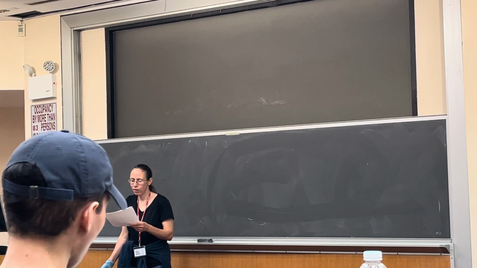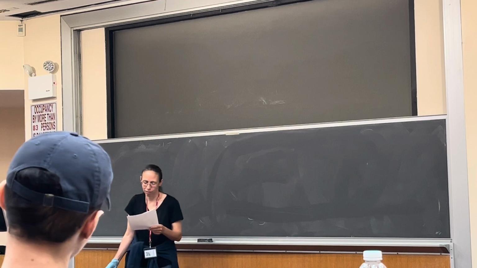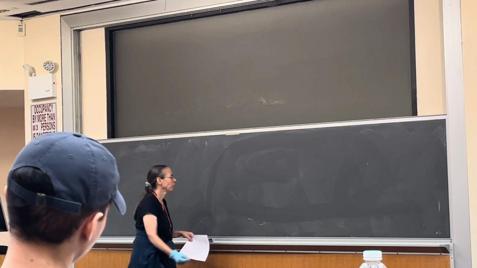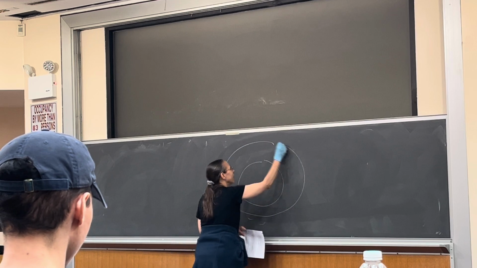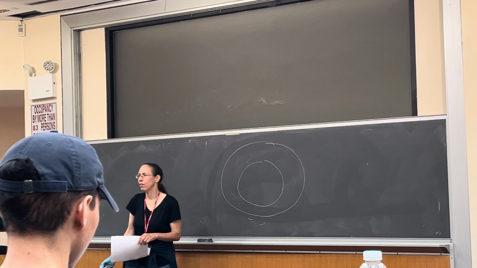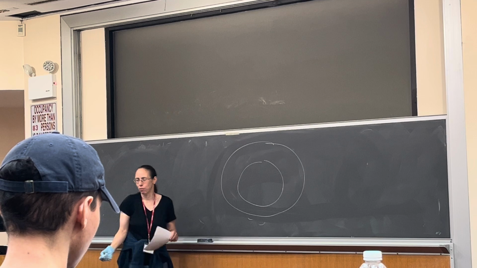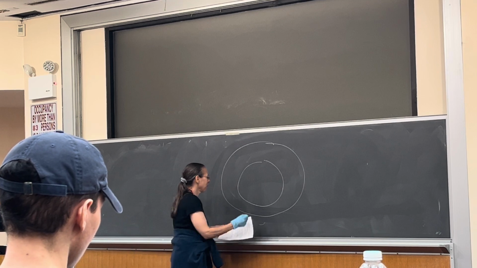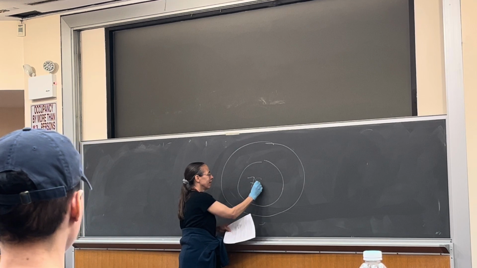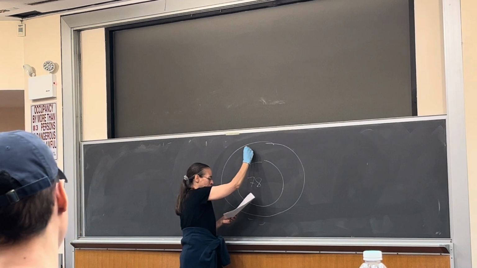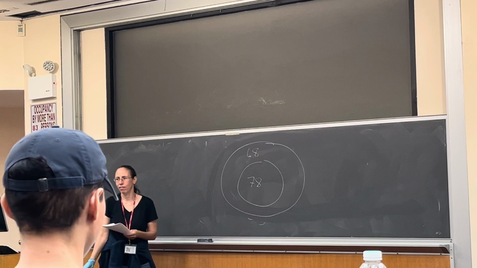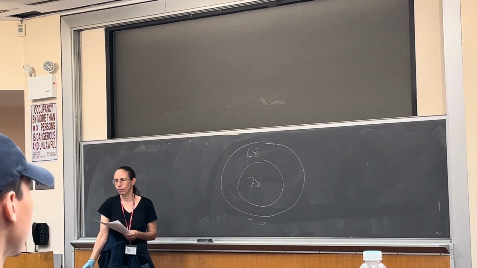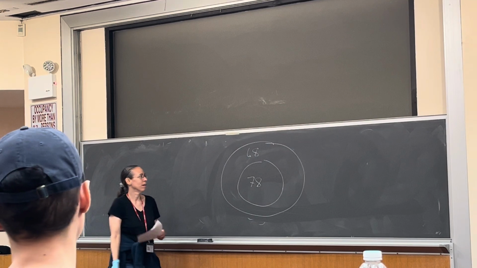Number 4, please. Assuming the pH of the mitochondrial matrix is 7.8. Here's our mitochondria, minus all those membrane invaginations. Which has the higher concentration of protons? 6.8.